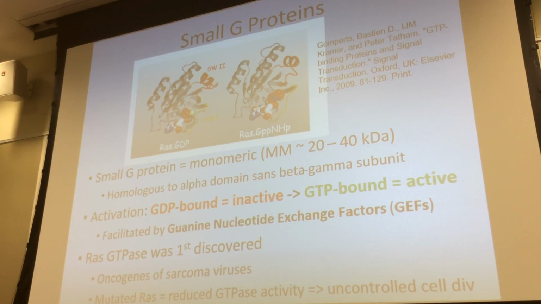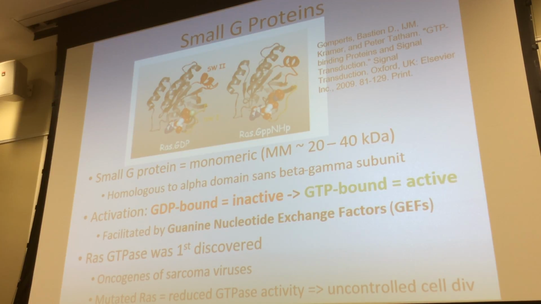And the RAS protein was initially discovered as a GTPase. It was an oncogene of sarcoma viruses, actually in chickens. And so that was why the RAS was found to be very important, is that it was found that in many mammalian tumors, this had a mutation.